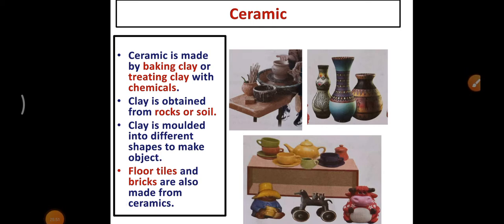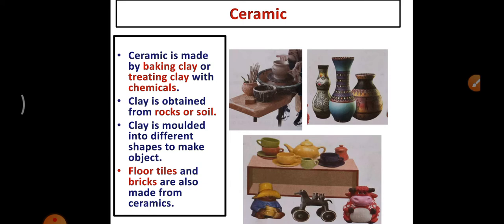So once again, I recall some common types of materials. The first one is wood. It is obtained from the tree. It is used to make different items. The second one, rubber. It is also obtained from the tree, and the name of the liquid is sap.